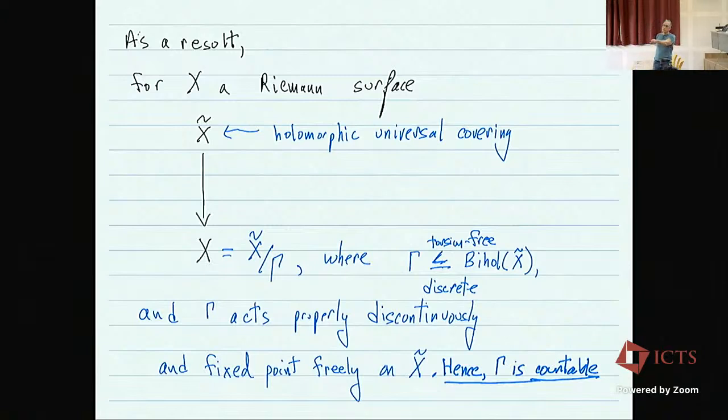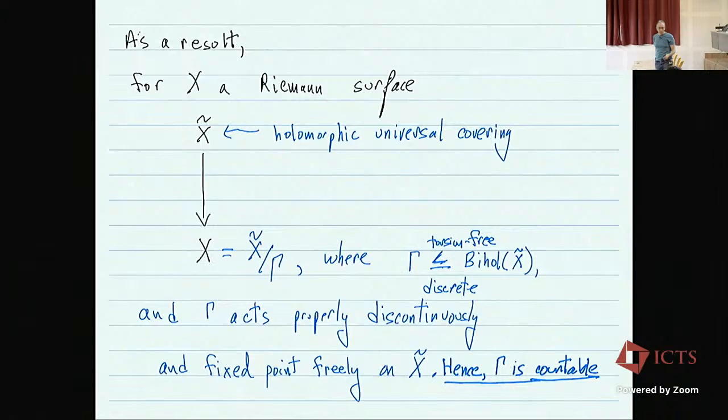So studying Riemann surfaces is the same thing as studying these gammas, these torsion-free discrete subgroups. Discrete is already implying properly discontinuous; actually, they're equivalent in this case. So studying Riemann surfaces is the same as studying these groups.